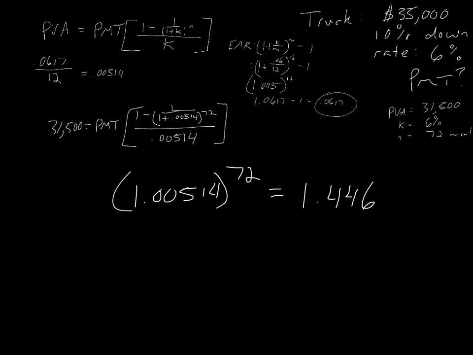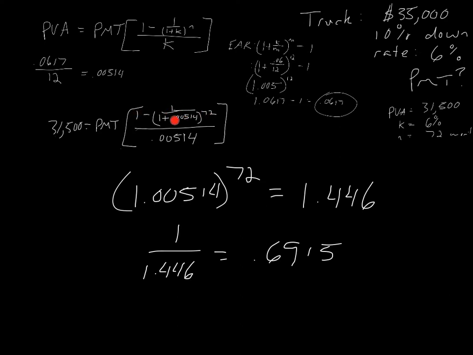Okay, so now we know that denominator is 1.446, but we know that it's 1 over 1.446. So working our way out of this thing, 1 divided by 1.446 equals 0.6915.